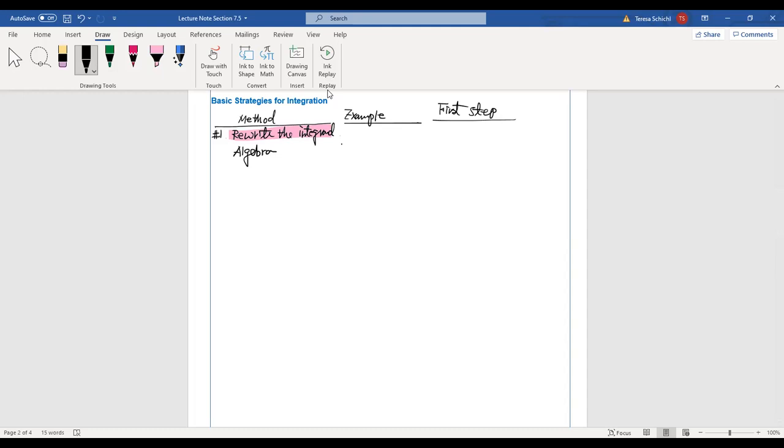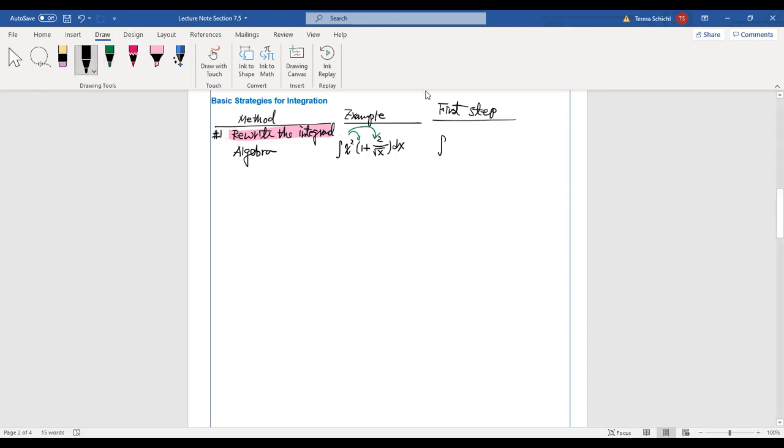For example, if you have x squared times (1 plus 2 square root of x) dx, when I say rewrite, you can just FOIL it, or break out the parentheses.